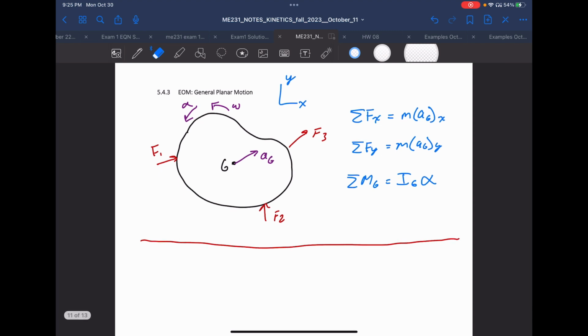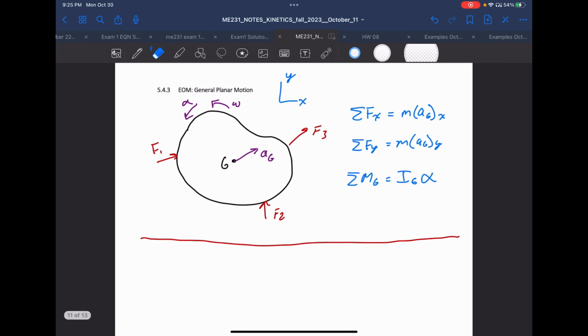And then on to general planar motion. Now here there is a little bit extra work necessary. What's shown is okay because, again, I'm at the CG for my summation of moments. But when I move off of that, then I do have to include additional terms.